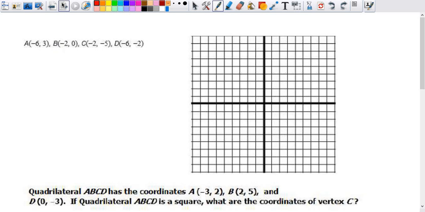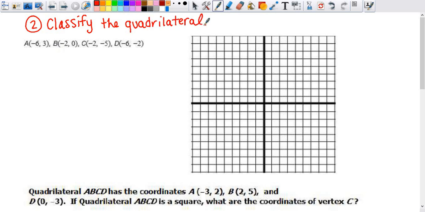All right. The instructions on this example should be telling us, this would be example 2, it should say classify the quadrilateral. So your first step would be to plot these points. Either draw in a coordinate grid or they might give you one, okay? So let's go ahead and plot these points, -6, 3, 1, 2.